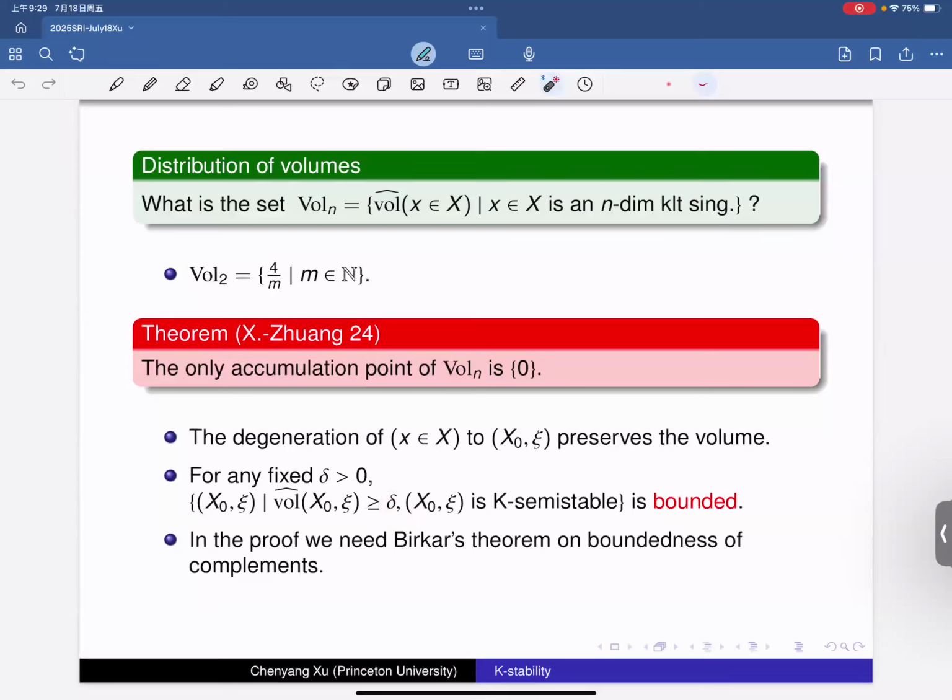And again, in the proof, we need Birkar's theorem on boundedness of complements. So somehow Birkar's theorem on boundedness of complements plays another role in this K-stability theory. This time it's local. Actually, it also plays a role in my proof that the minimizer is cosimonomial.